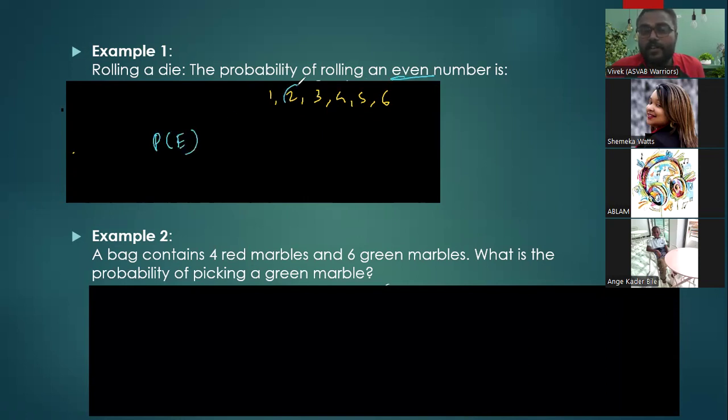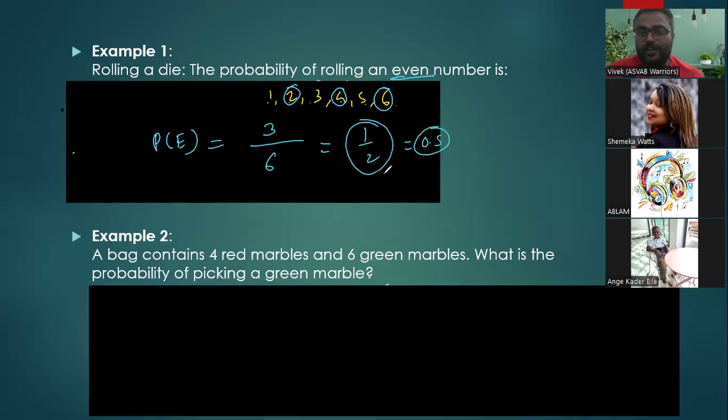How many even numbers are there? 2, 4, and 6. So number of favorable outcomes is 3. Total outcomes 6. So we have 50% or 1 over 2 as the probability, or you can also call it 0.5.